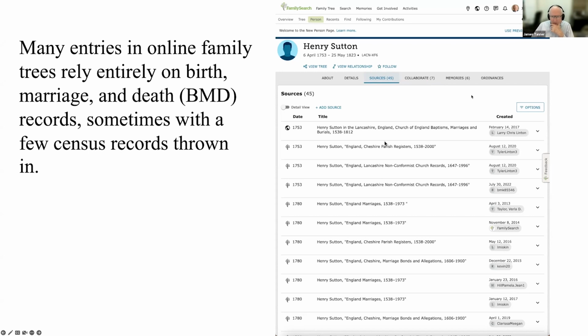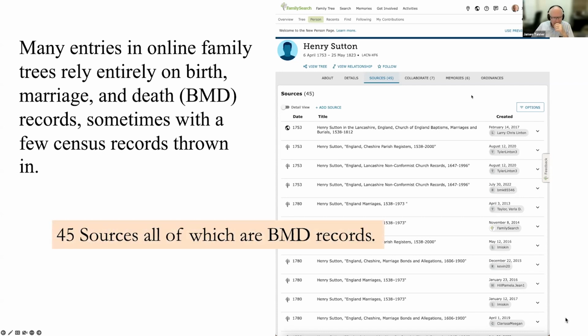So there are no records here that go beyond records that are generated from what we would call vital records, or records that deal with birth, marriage, and death. And so this is probably one of the best indications.